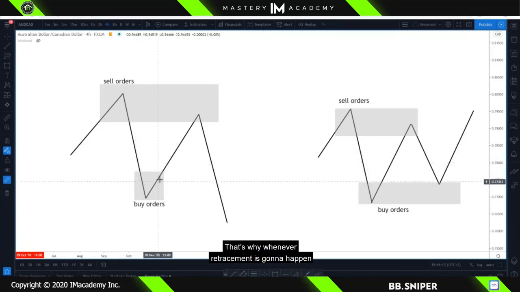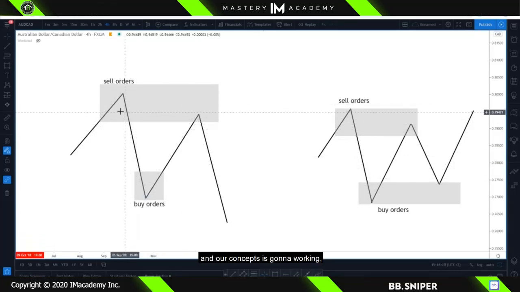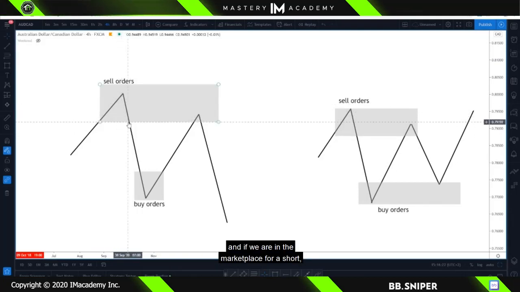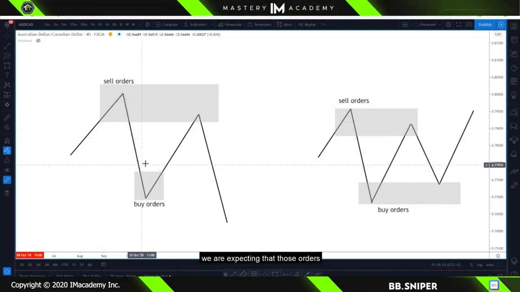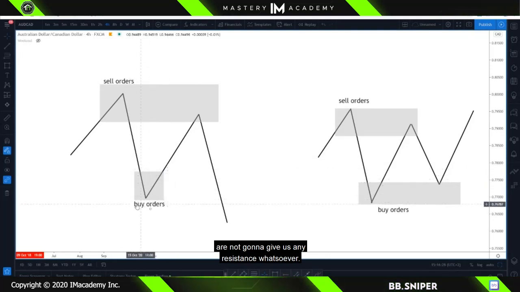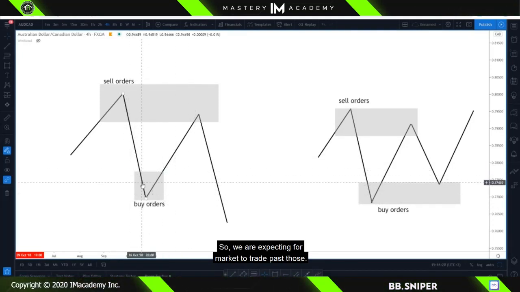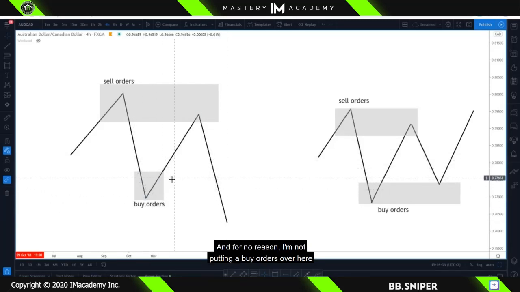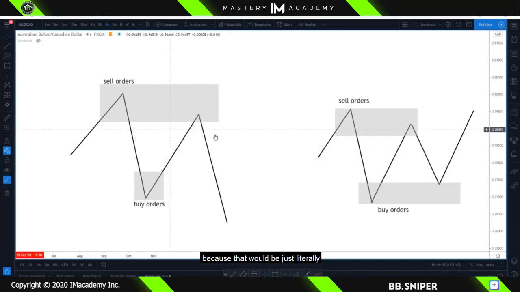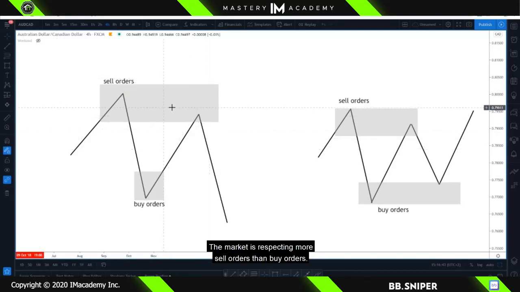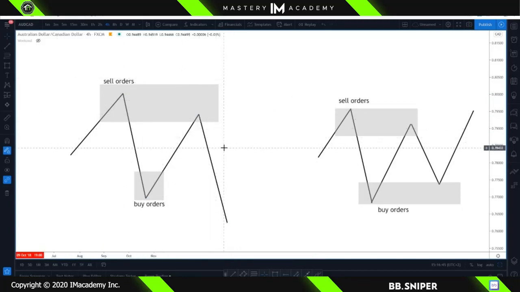That's why whenever a retracement is going to happen and our concept is going to work, and if we are in the marketplace for a short, we are expecting that those orders are not going to give us any resistance whatsoever. So we are expecting the market to trade past those. And for no reason am I putting buy orders over here, because that would be literally putting those orders in front of a trend. Because we have a downtrend, the market is respecting more sell orders than buy orders.